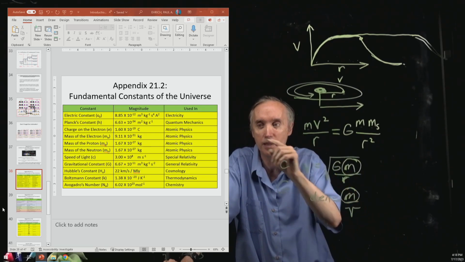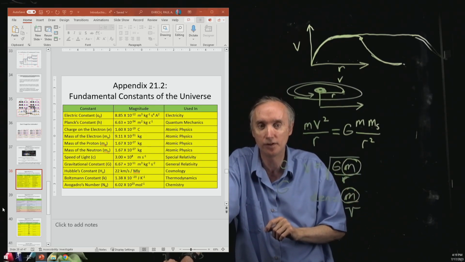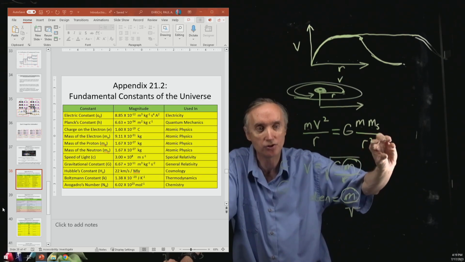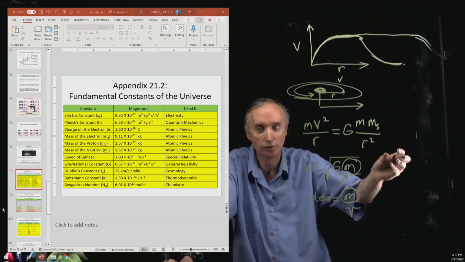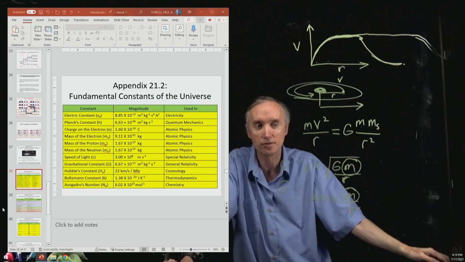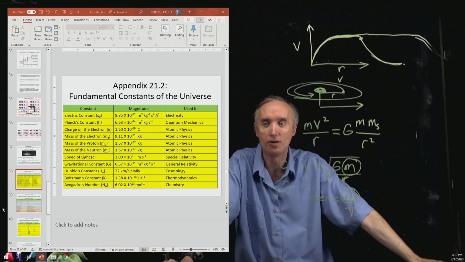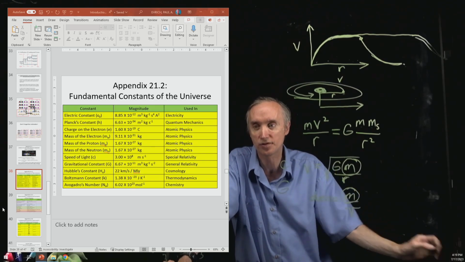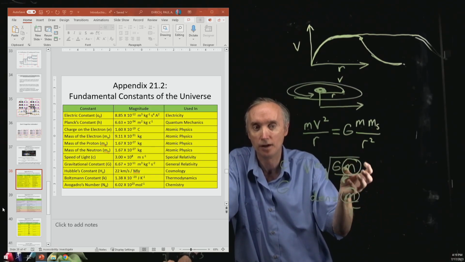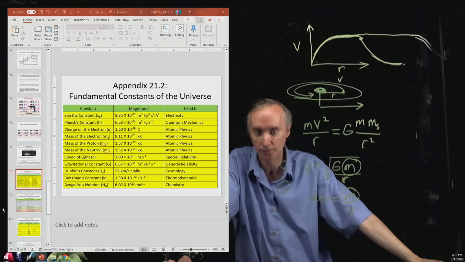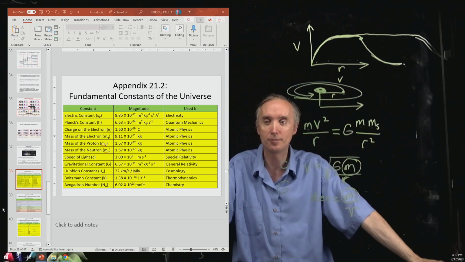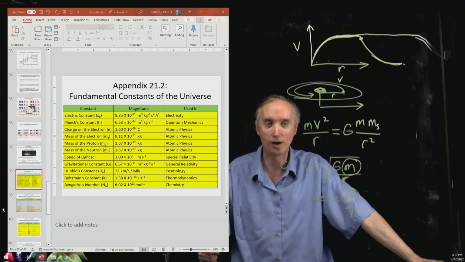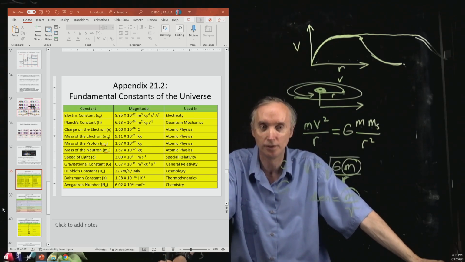And if you take any of those 11 fundamental constants and you change the number by just a little bit, the universe falls apart. So all 11 of those constants have to be tuned to specific numbers, otherwise the universe doesn't work. And so a lot of people say, why? Why do you have to have 11 of them?